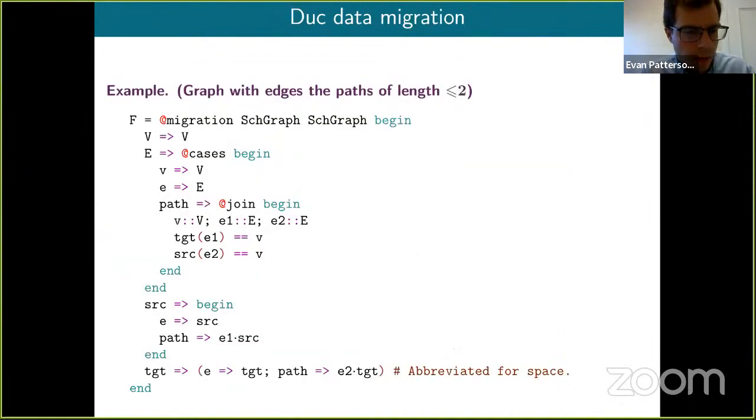Okay, so let's see some examples of how this works. To upgrade the previous example a bit, you could say, well, what if I want instead the graph whose edges are paths of length at most 2? You could say, well, I can use a duck query to do this. So this is a duck data migration, where the edges will basically be the coproduct of the vertices, the edges, and the paths of length 2.